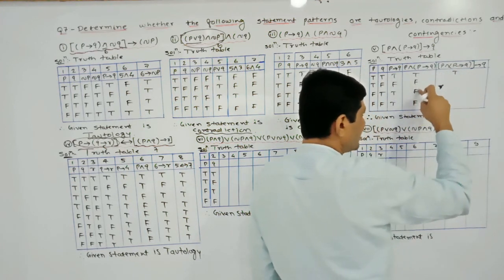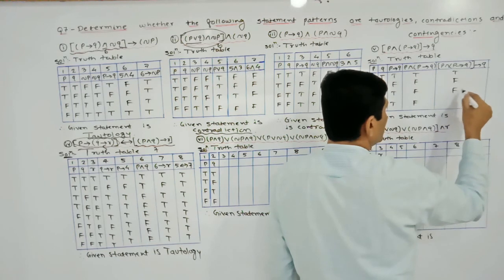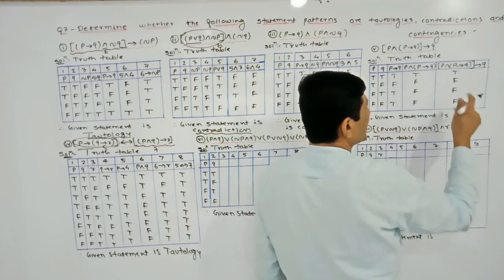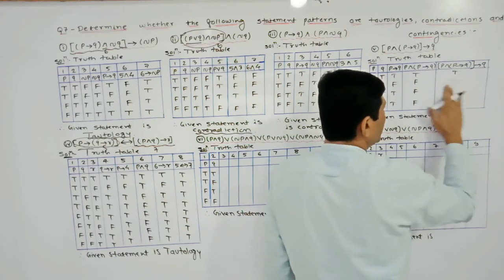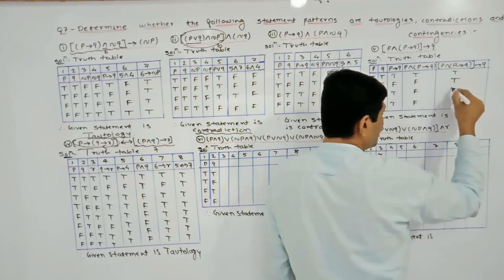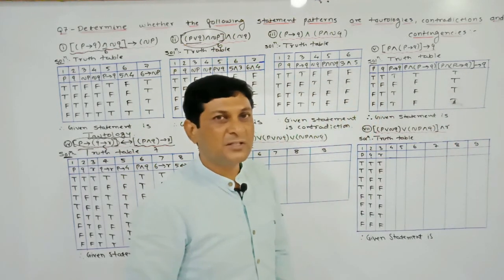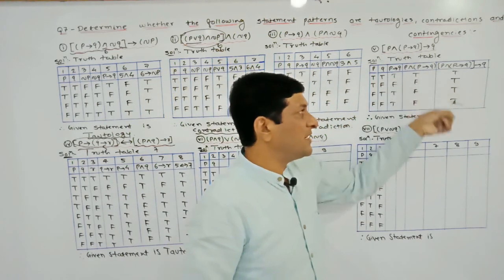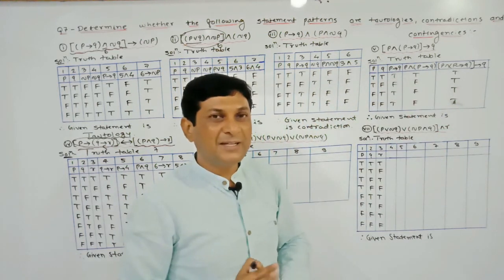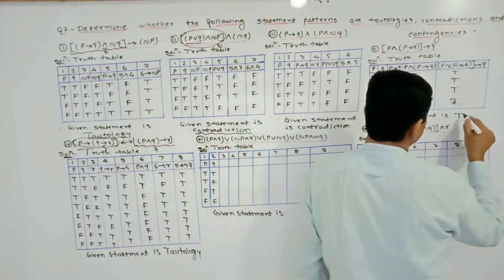Here also, if first statement is false, not necessary to check what is the truth value of second part, because we know that implication is true if first statement is false. It is false only if first statement is true and second statement is false. But if first statement is false, then implication is always what? True. In this way, we have got the truth value of this statement, and if you observe the truth value, it is always true. That's why we can say that this statement is tautology.